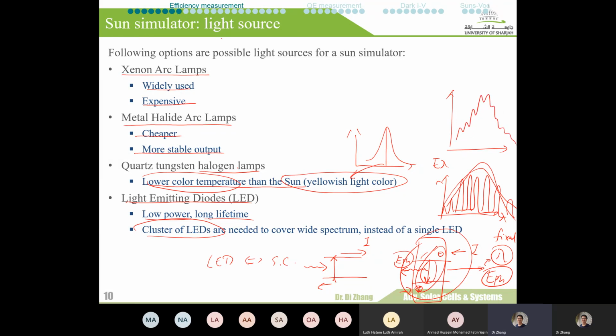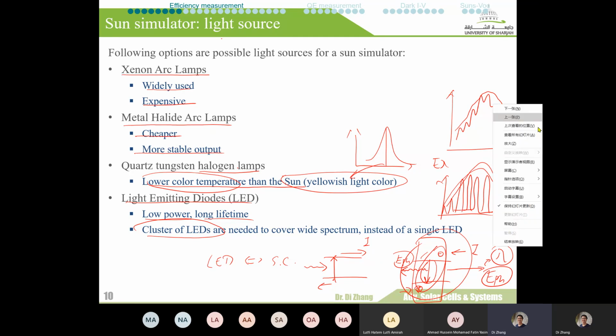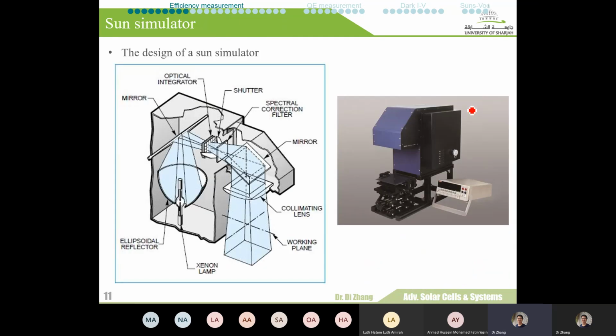So you need to find a balance between the cost of the solar simulator and its performance. If you use more LEDs, you get a smoother solar spectrum, but your solar simulator is going to be more expensive.